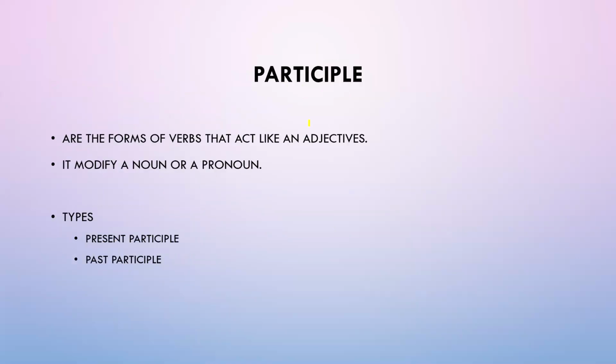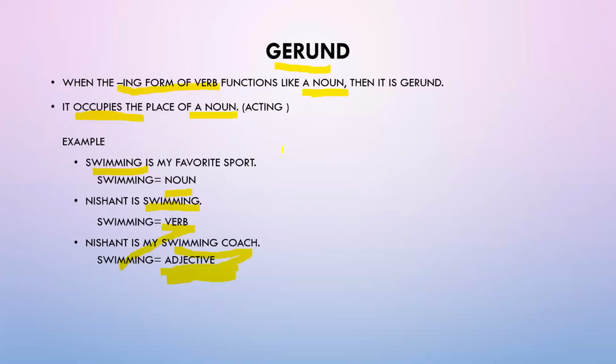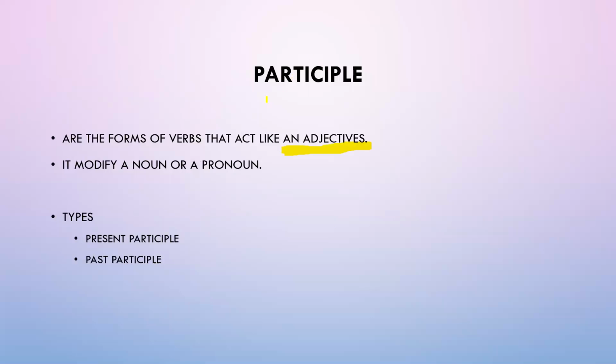Next is participle. Participles are the forms of verbs that act like an adjective, just like the last example, Nishant is my swimming coach. What kind of coach? Swimming coach, adjective. So participles act like an adjective. They modify a noun or a pronoun.